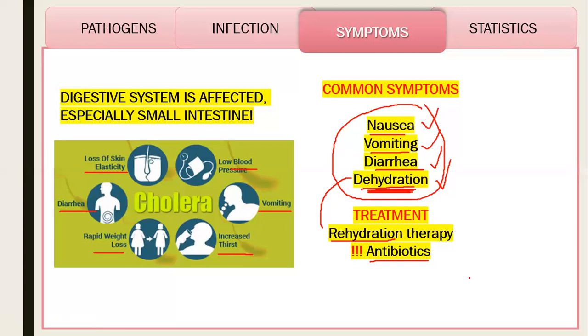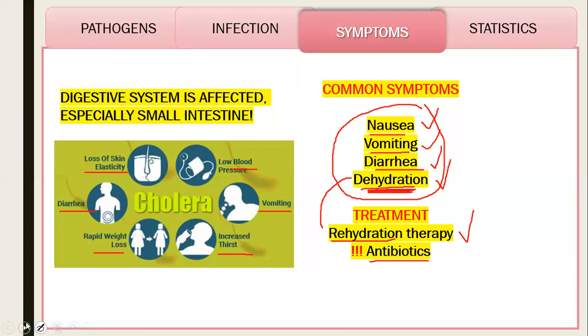Statistically also, antibiotics are not used much. They can be used only for people who are nearly dying, to stop the bacterial reproduction. But the most used treatment is the rehydration therapy.